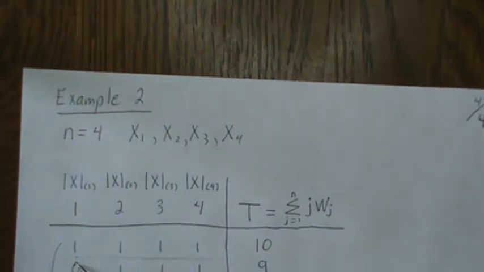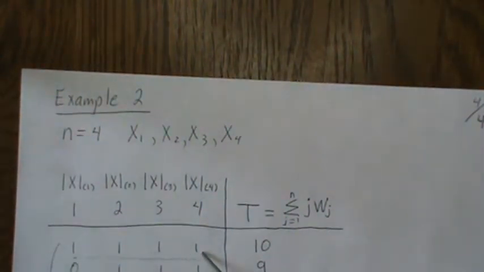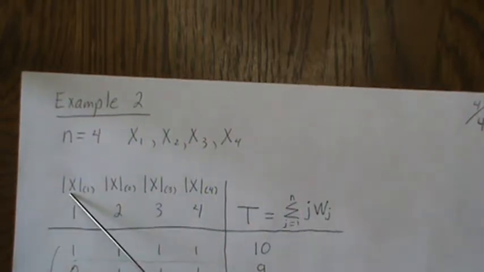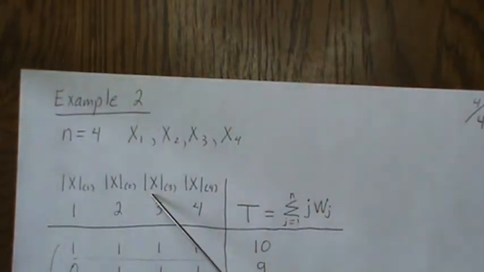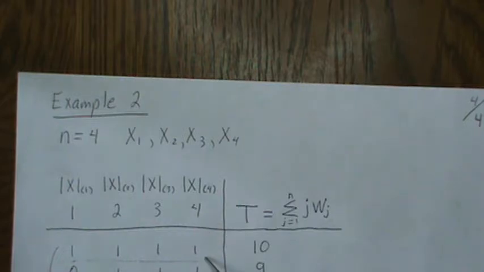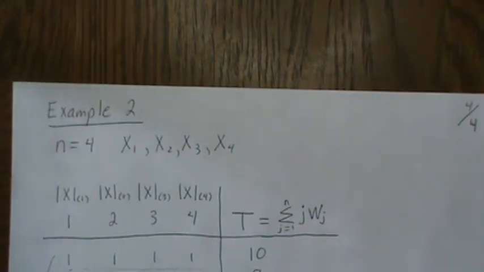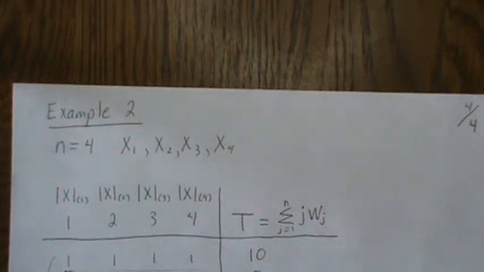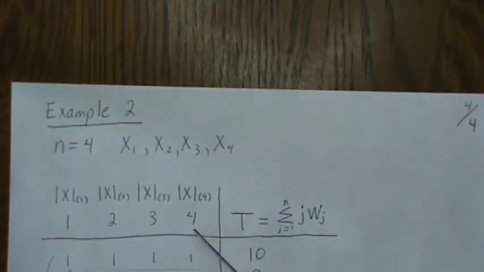Okay. So if it's a 1, that means the original X, prior to taking the absolute value, was positive, so we get 1s. And so to calculate this test statistic, you take 1 times 1 plus 2 times 1 plus 3 times 1 plus 4 times 1, and we get 10.